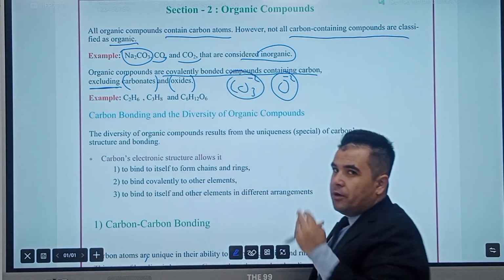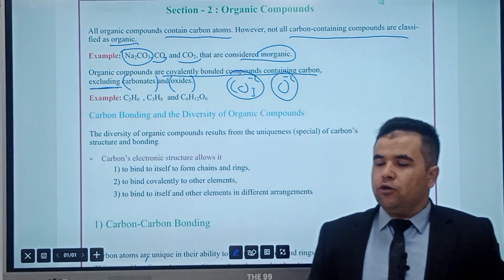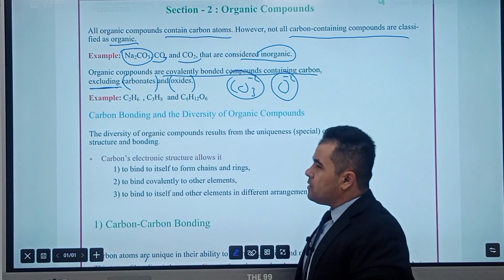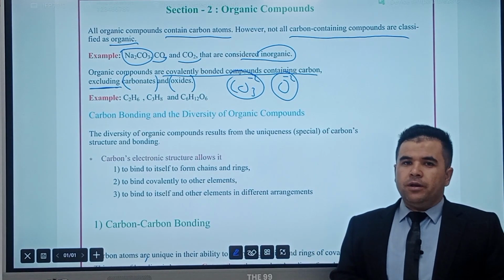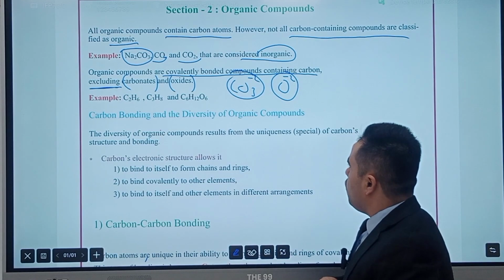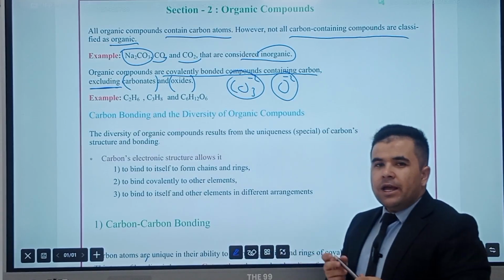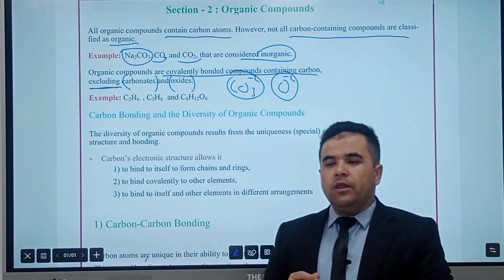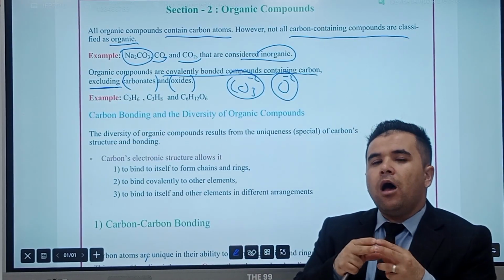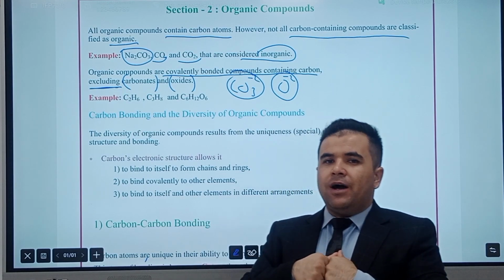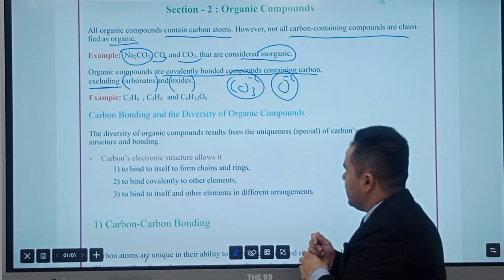Carbon oxides, whether monoxide, dioxide, or trioxide, and any metal carbonates, such as sodium carbonate, potassium carbonate, magnesium carbonate, and so on, are excluded, guys. But we can say that usually the compounds we deal with, if they contain carbon and hydrogen together, are classified as organic.